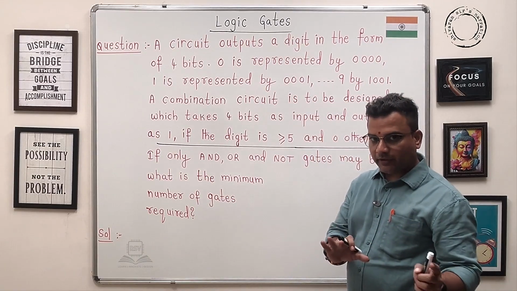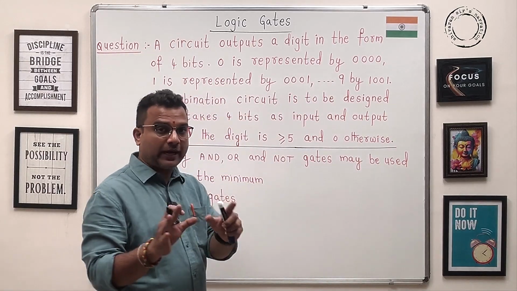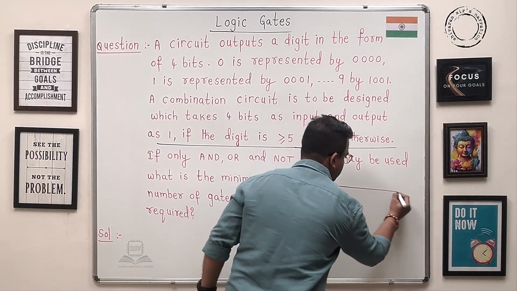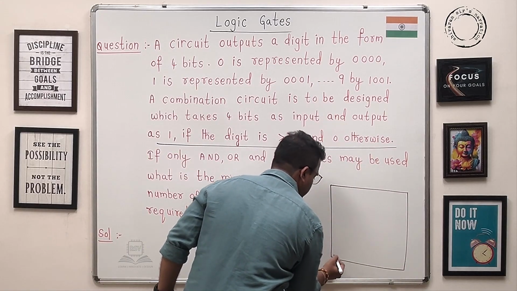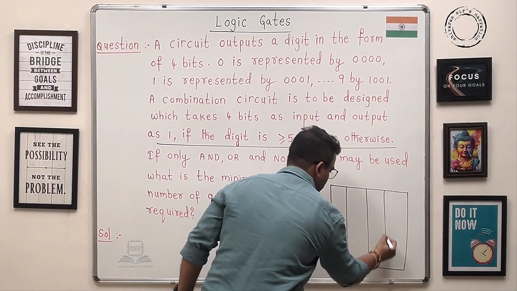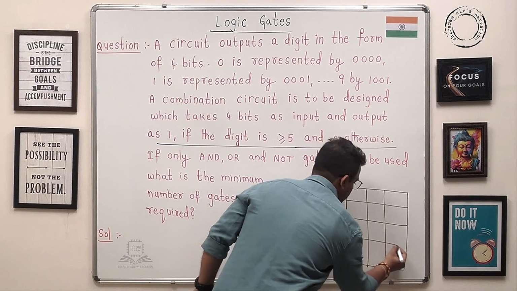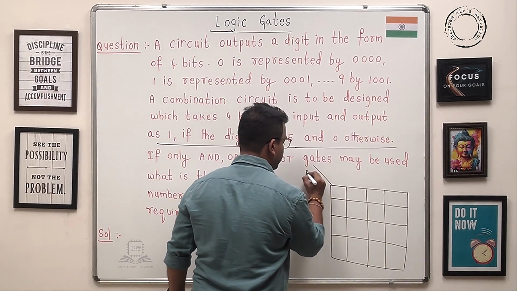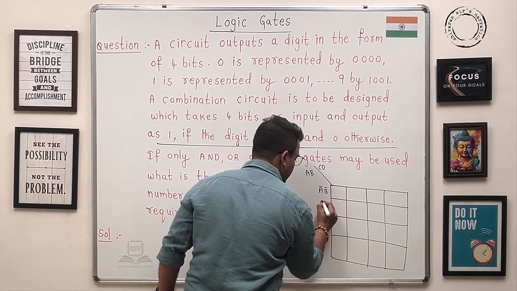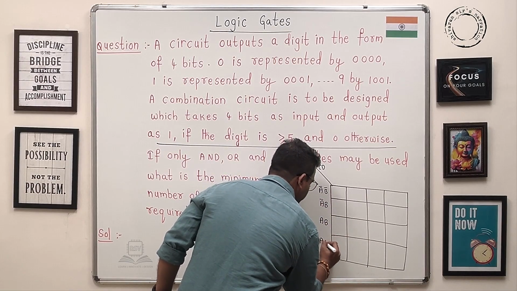As per that, if you write down the truth table, I mean the K-map, it will be like this. You know very well guys regarding the 4 variable K-map. So here it is like A, B, C, D, with A bar B bar, A bar B, A B, A B bar.